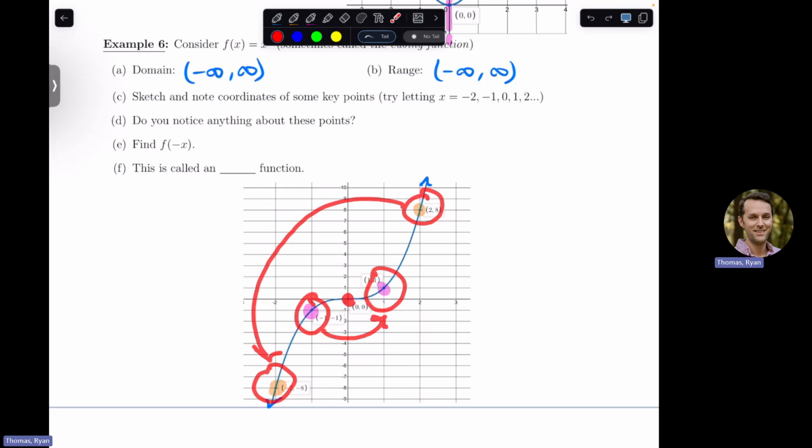So this is called origin symmetry. The idea is that if I put a pin in this thing at the origin at 0, 0 and spin it upside down, that's how the symmetry works.